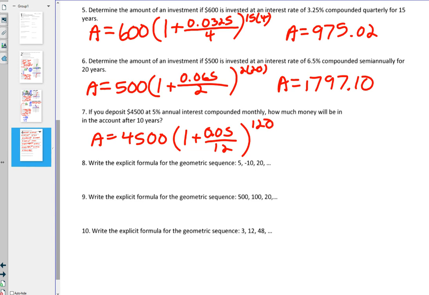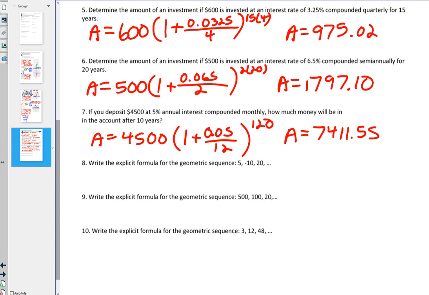I'll just put 120 because I know 12 times 10 is 120. 0.05 divided by 12 plus 1 power 120 times 4,500. The amount I'm getting is around 7411 with 55. It could be 54, 55, somewhere around there.